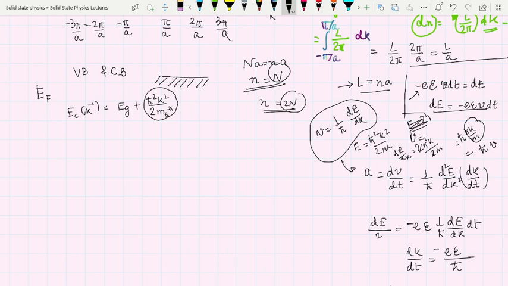Okay, so dk/dt gives us this value. Now we can avoid this negative sign. This is only due to the charge of the electron. We can avoid it and take the modulus.